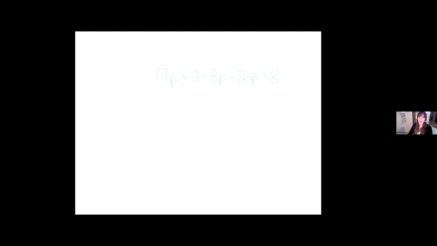Let's see if 7p has any friends here. Look at that, 3p. Look what I grabbed with the 3p. And 2p. Again, look what I grabbed with the 2p and the 3p. Always remember to grab those or it's going to make your math problem a whole different thing.